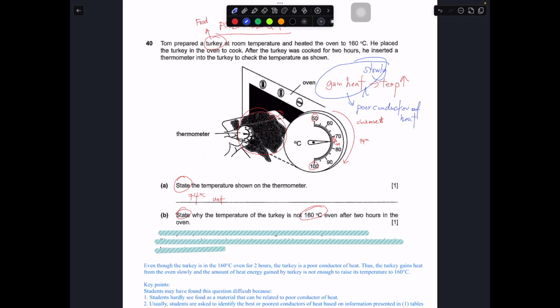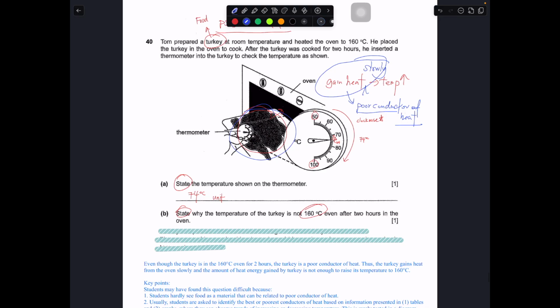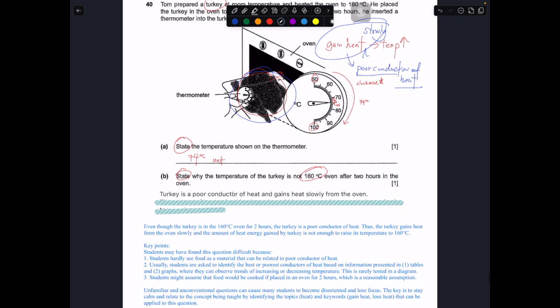This question is asking whether you can relate that the turkey is also a material and it has this property of being a poor conductor of heat. So the turkey is a poor conductor of heat. This is the main key idea, and gain heat slowly from the oven. This is actually the state part.